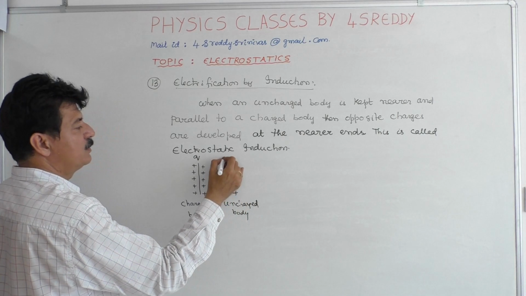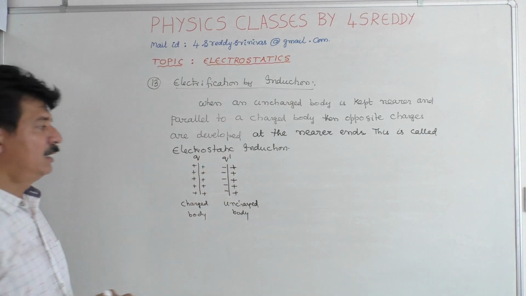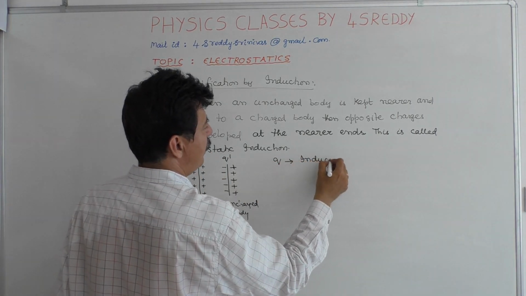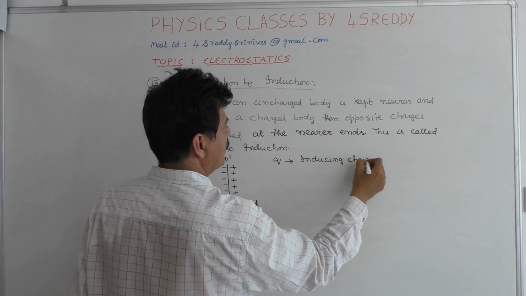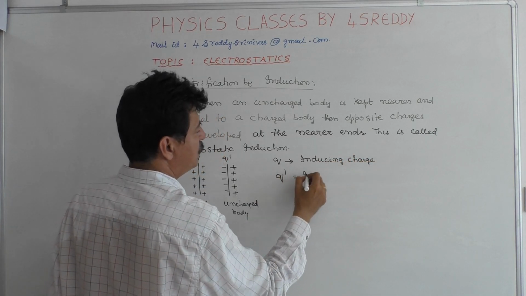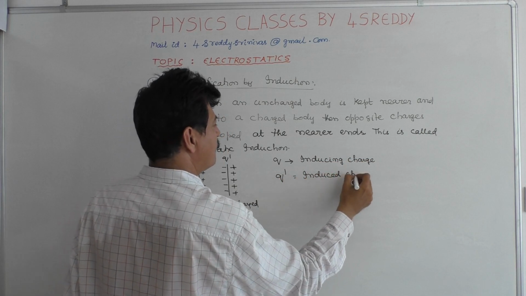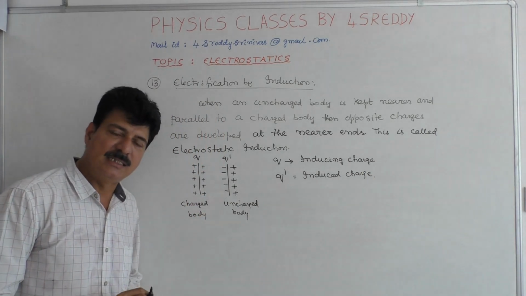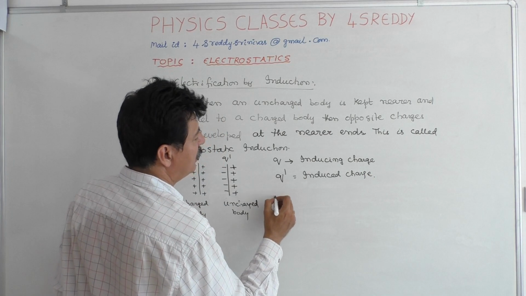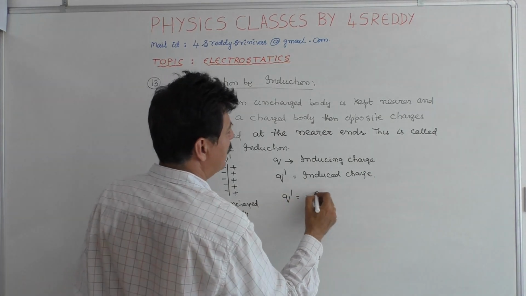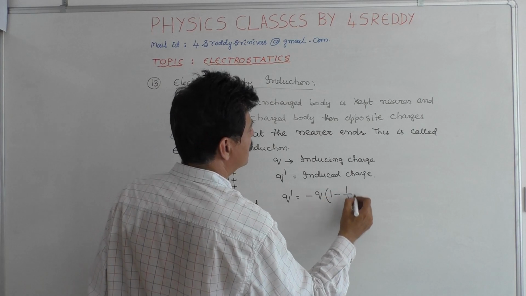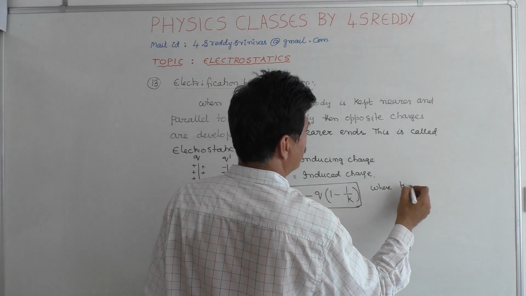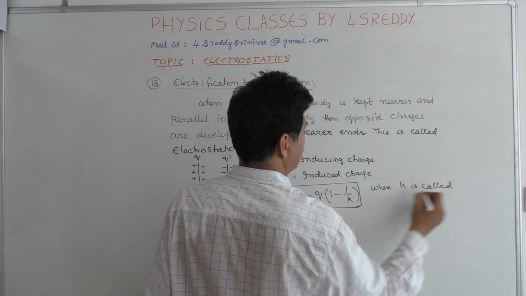That means on this one, this becomes Q dash. Now you can say that Q is the inducing charge, Q dash is the induced charge. To find out the amount of charge induced on the uncharged body, we had a formula: Q dash is equal to minus Q into (1 minus 1 by K), where K is called the dielectric constant.